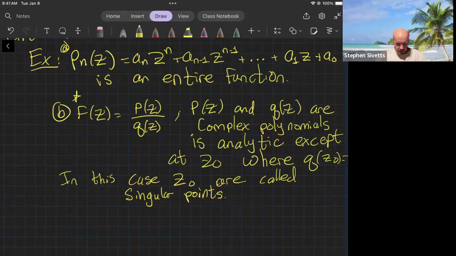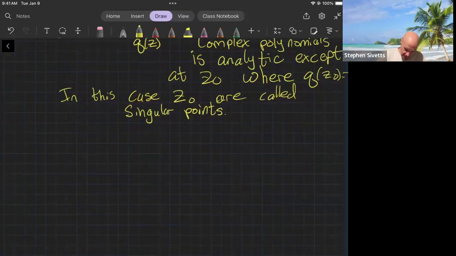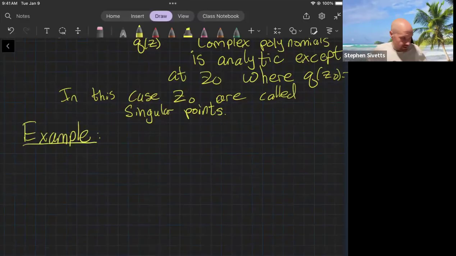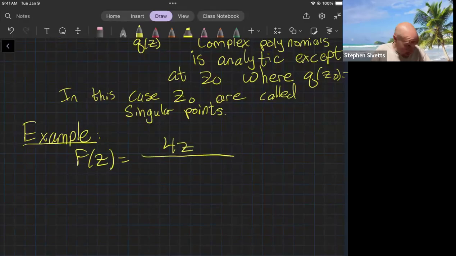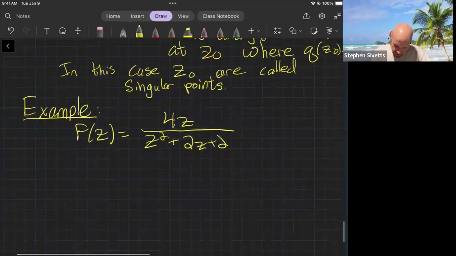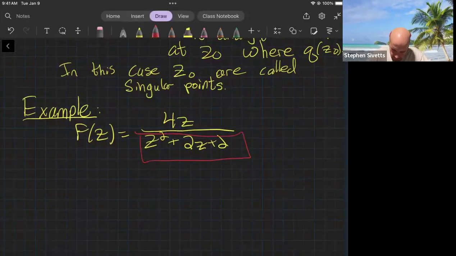Okay, so I'll do another example here. If I have the function f of z equals 4z divided by z squared plus 2z plus 2, you can use the quadratic formula to find the roots of the polynomial in the denominator.